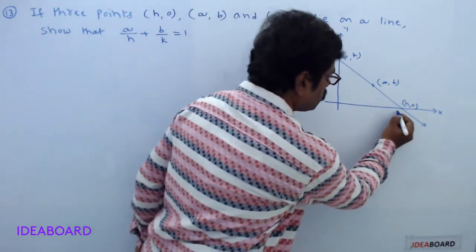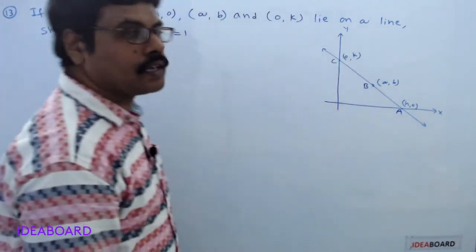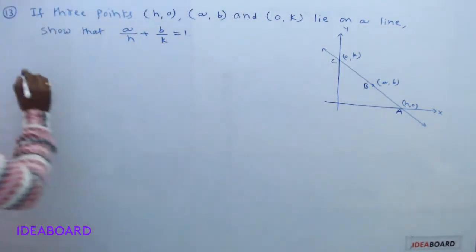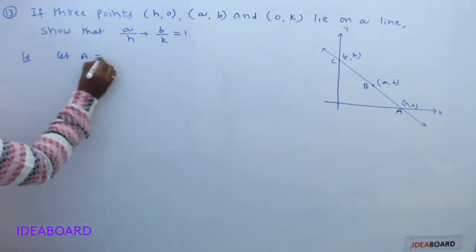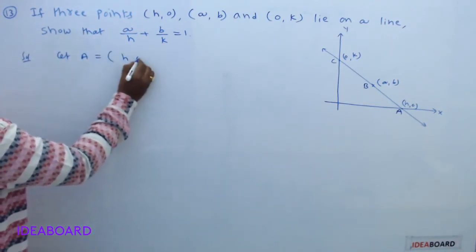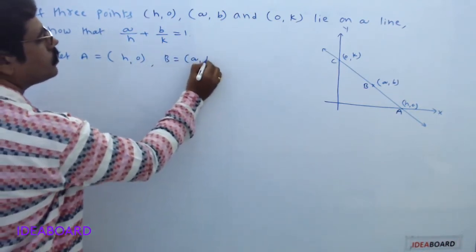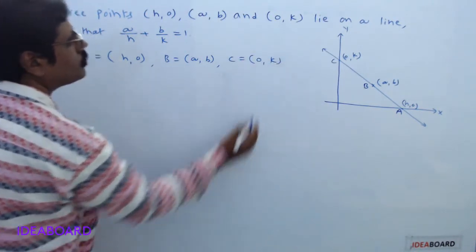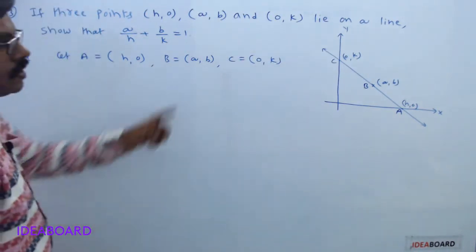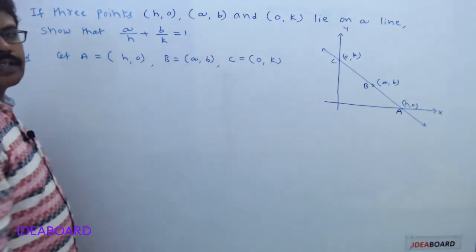Now denote these points as A, B and C. First denote the given points as A, B and C. Let A equal h, 0, B equal a, b, C equal 0, k. So from the diagram, the 3 points lie on the same line.